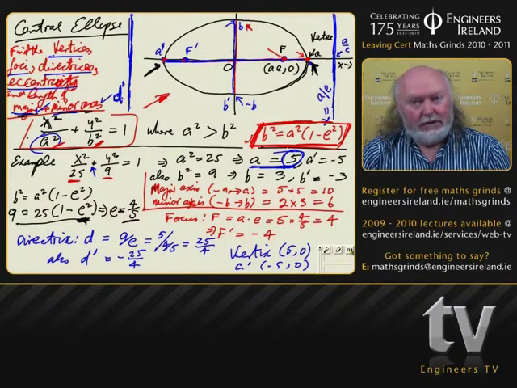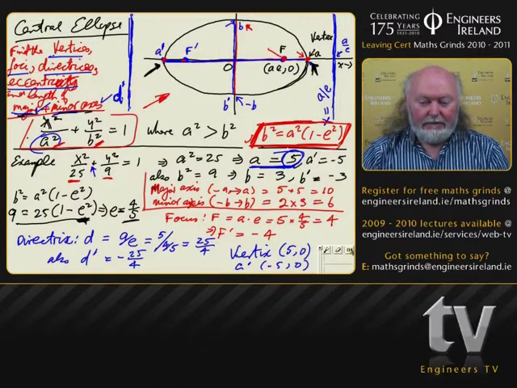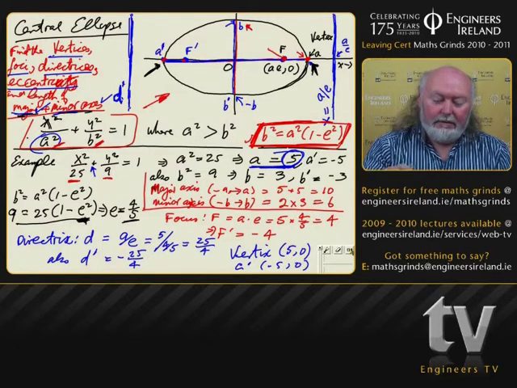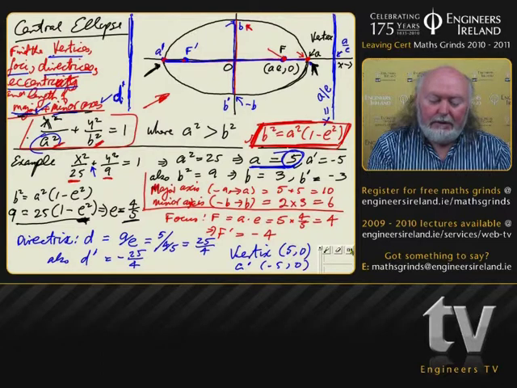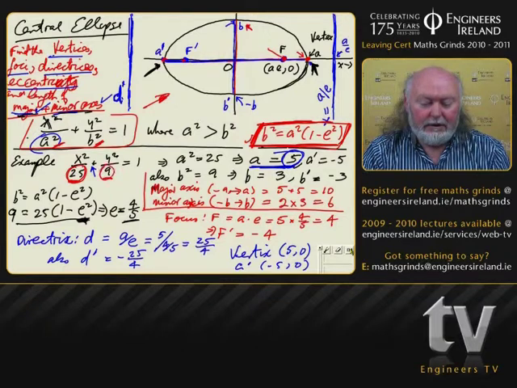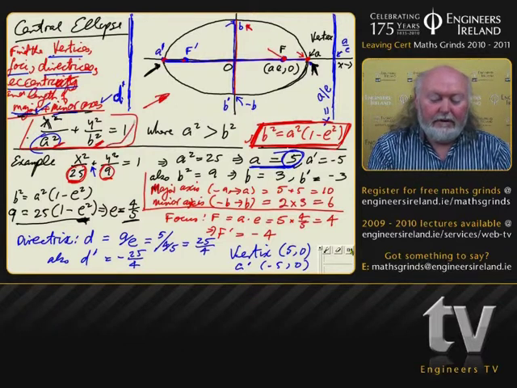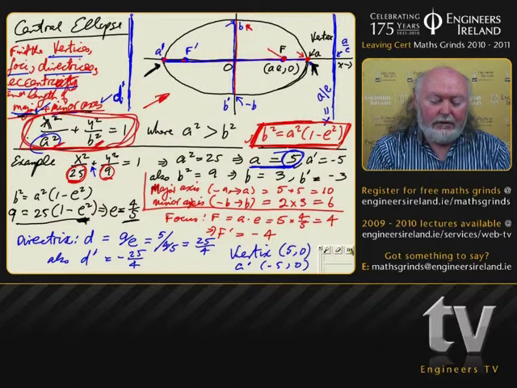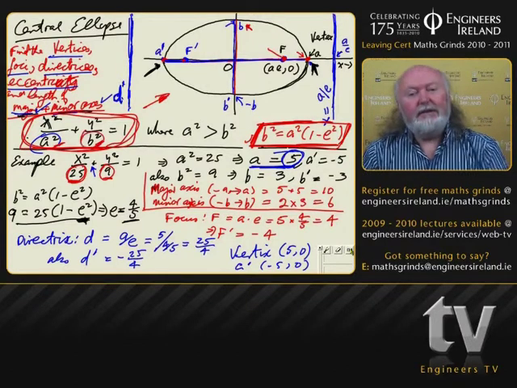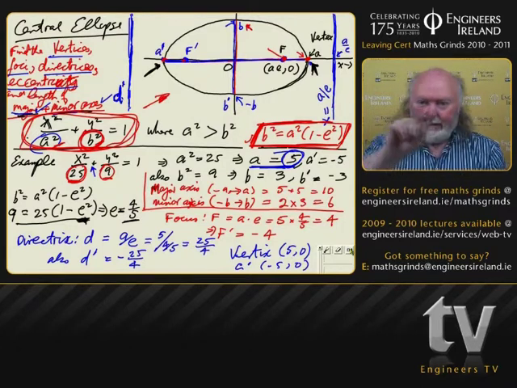The vertex is just A, and the directrix has the equation x equals A over E. If, as this problem was showing us, that big number, bigger than the 9, was underneath the y squared, you'd have written it with the A underneath the y squared, and you'd have gone through the exact same process, because we'd know then that the ellipse would look like this rather than like that.